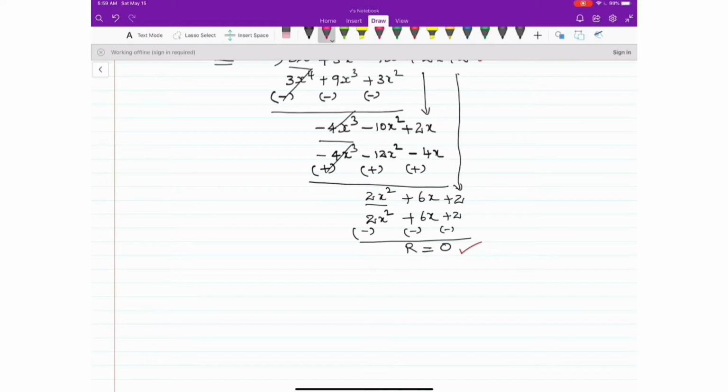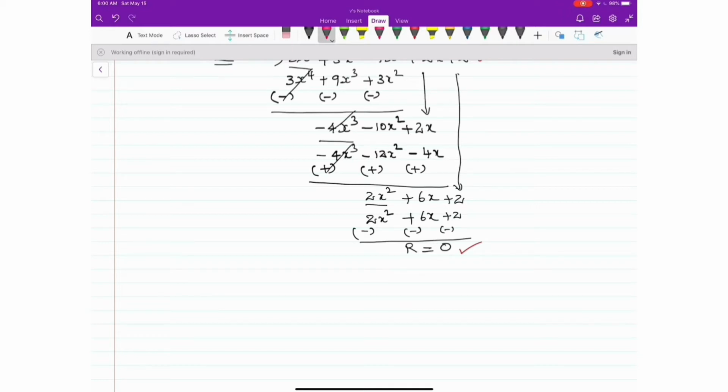The second point we should keep in mind is we have to stop the division process when the remainder is either 0 or when the degree of the remainder is lesser than the degree of the divisor. So these 2 points should be kept in mind.